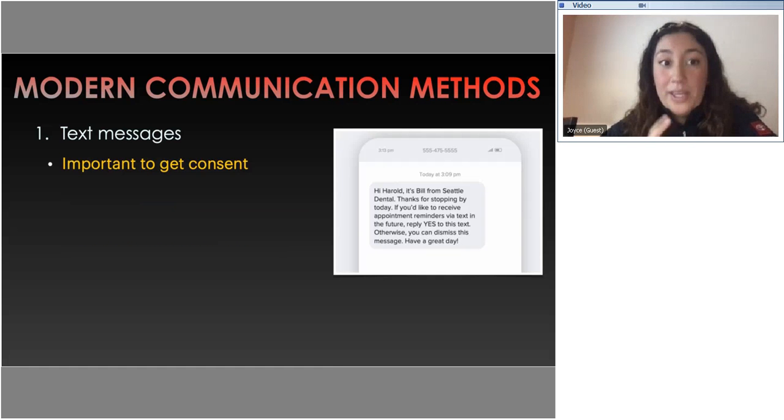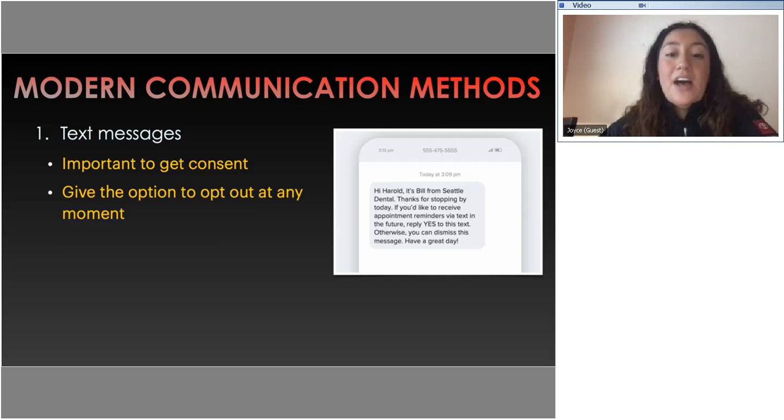The most important thing with our customers, though, is to get consent and to give them the option of opting out of text at any moment. I say this because some state legislative laws say that you have to give the customer these 2 options. I would talk to your management about how they want to handle it.